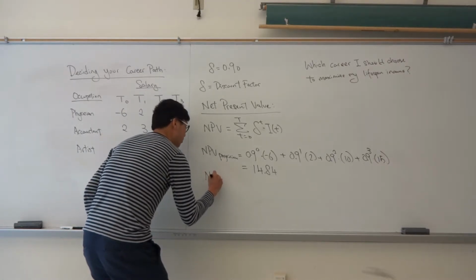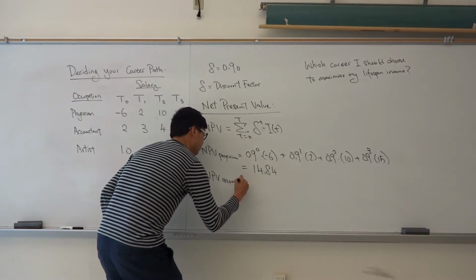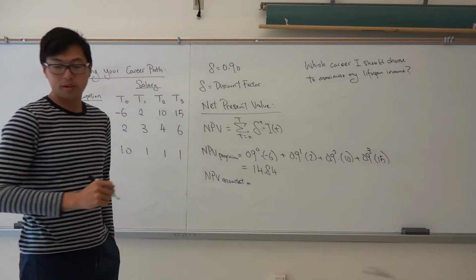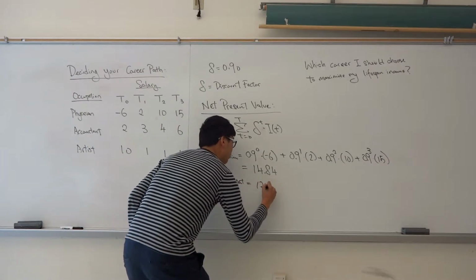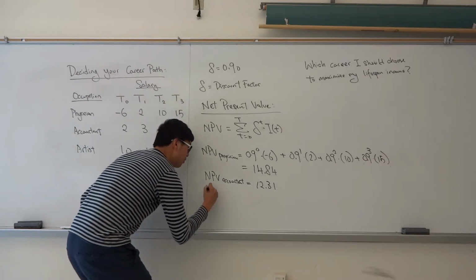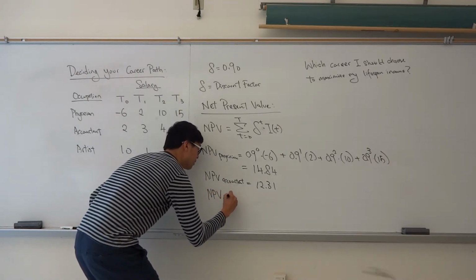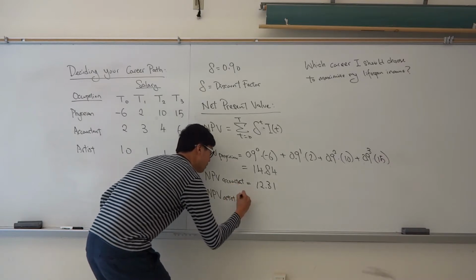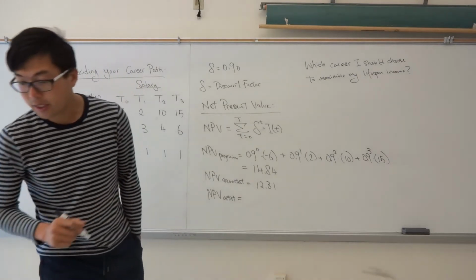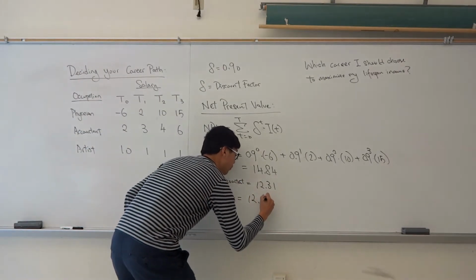So the net present values for accountants is equal to 12.31, and the net present values as an artist will equal about, let's say, 12.44.